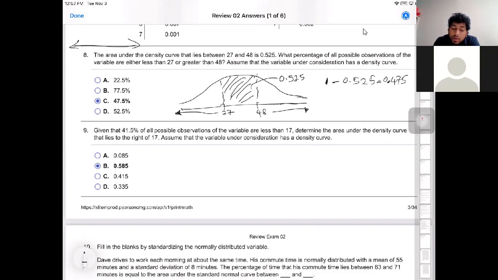It is the area that does not belong to this colored area, which is actually what we need. But we need a percentage, so simply multiply this by 100. It's going to be 47.5%. Clear? So number 9 is the same as number 8.